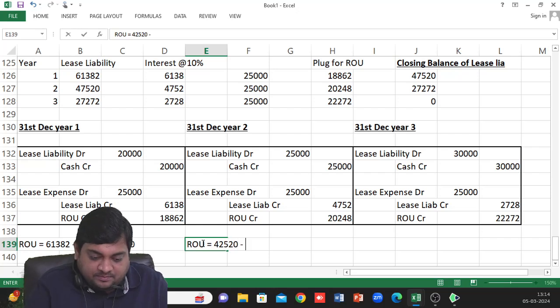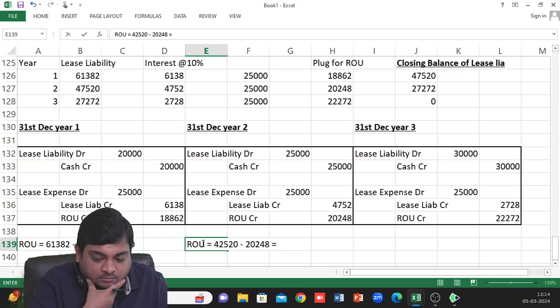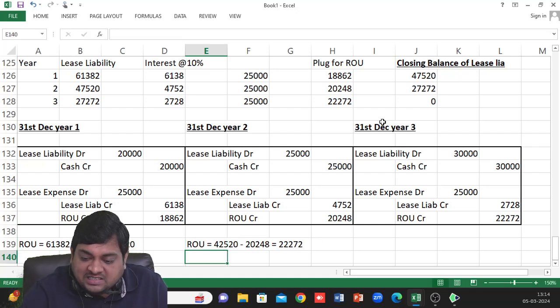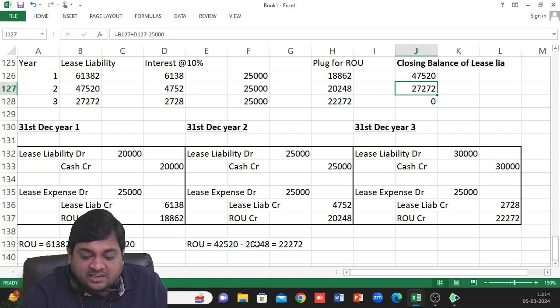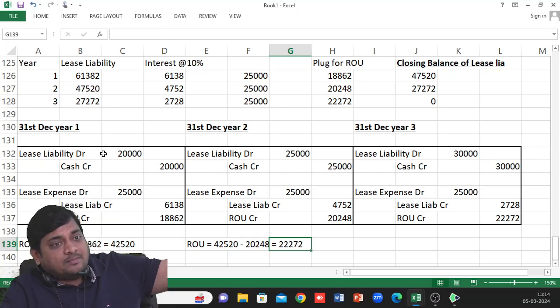42,520 minus 20,248. How much? 22,272. Now what is the lease liability? 27,000. Here it is 22,000. Again 5,000 because of the difference of the first year.